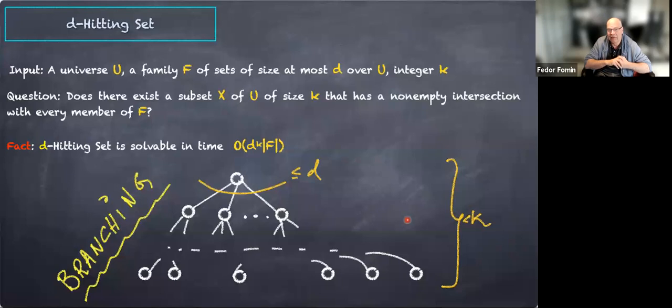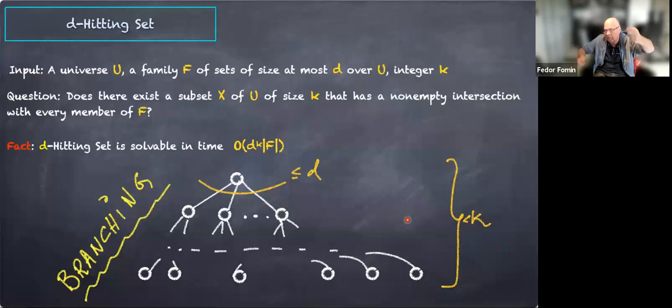What's happening here? I just take any set in the family. This set is of size d, and I know that this set should be hit, or should contain at least one vertex of the hitting set. So I try all d vertices as a potential hitting set vertex. What I'm doing is branching into at most d smaller subproblems.